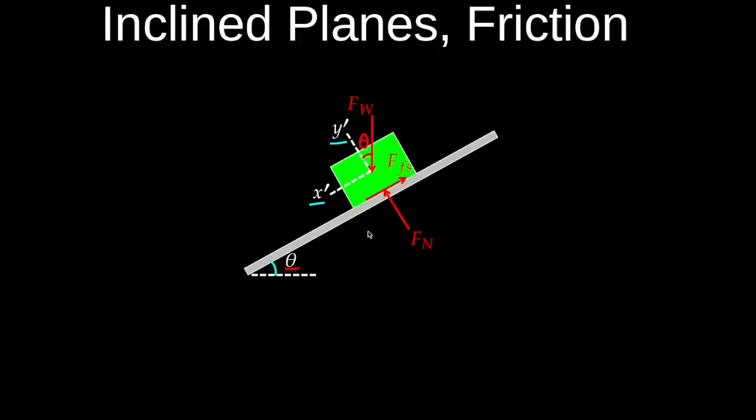If we apply Newton's first law in a tangential direction, where the force of weight is the mass of the block times the gravitational acceleration, you'll get the following expression.